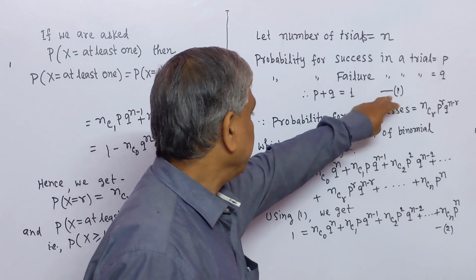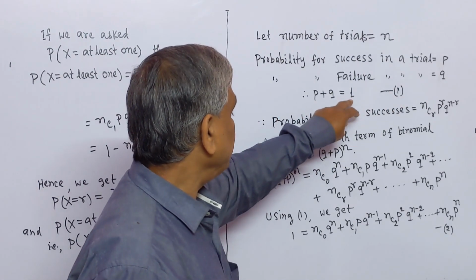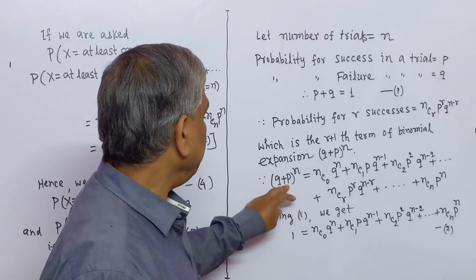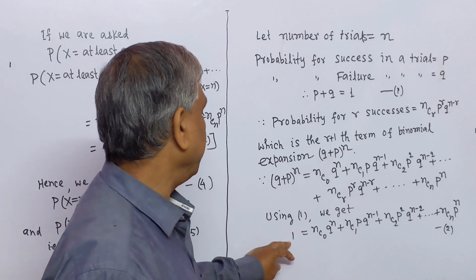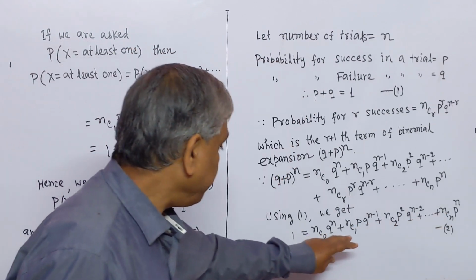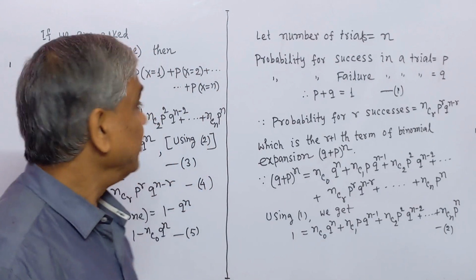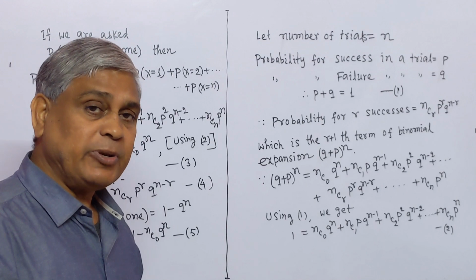Using 1 here, we see that p plus q equal to 1. So here we put p plus q equal to 1, 1 to the power n equal to 1, and right side remains same. With the help of this formula, we may find the probability distribution.